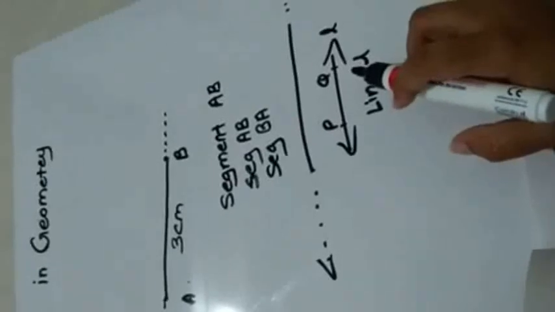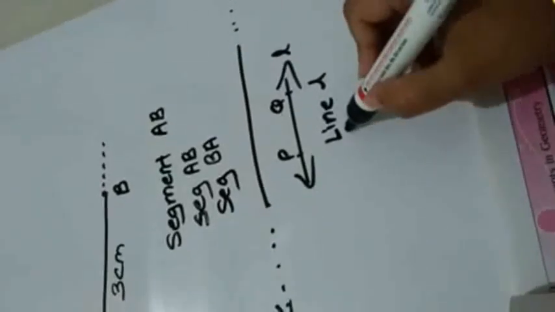This PQ segment is part of a line, because PQ belongs to the line. So this line will also be referred to by the name PQ, or the line QP.